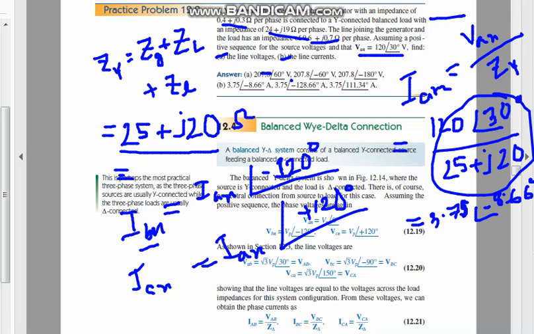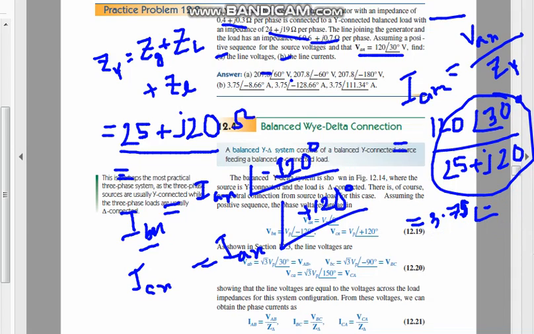After getting this, you put minus 120 degrees apart, so you get 3.75 at minus 128.66, that is the B phase, and plus 120 minus 8.66, that means 111.34. Just the angle changes; the magnitude of the current will be similar. That is the line current, which is pretty much similar to the previous mathematics.